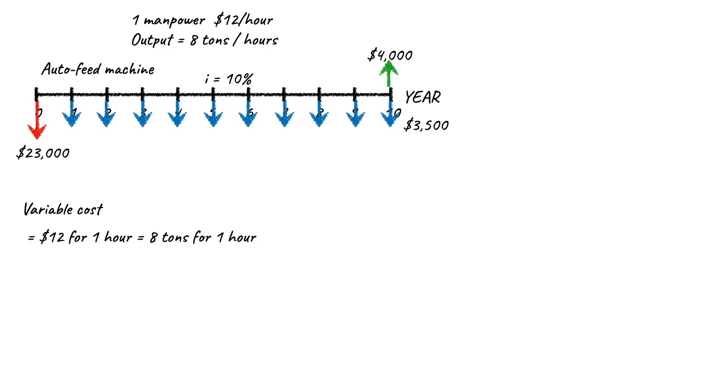We want to know the value of the small v, the variable cost for 1 ton of unit. So you have to divide $12 by 8 tons. The variable cost for 1 ton is $1.5.